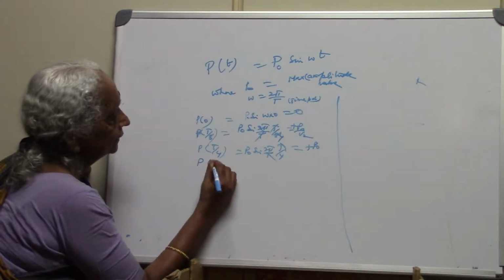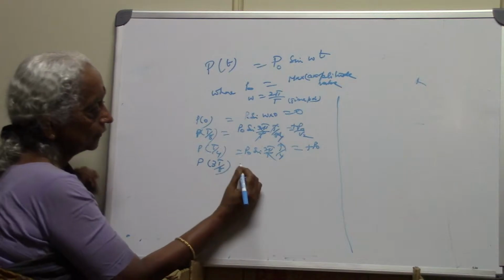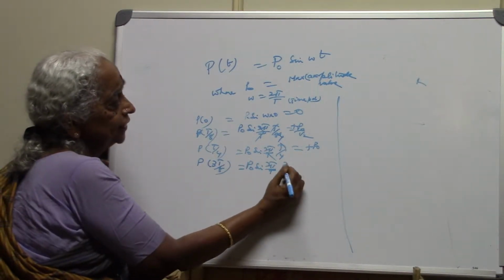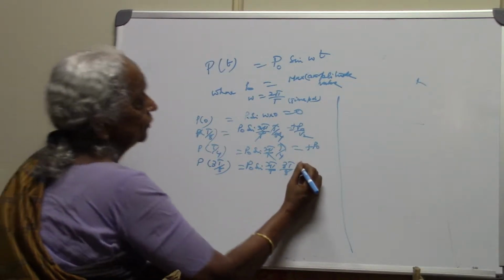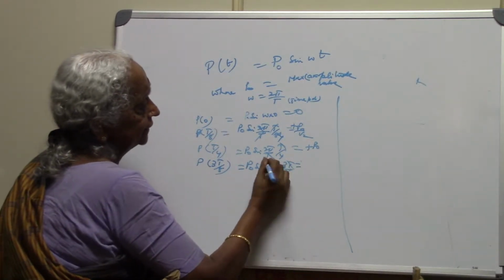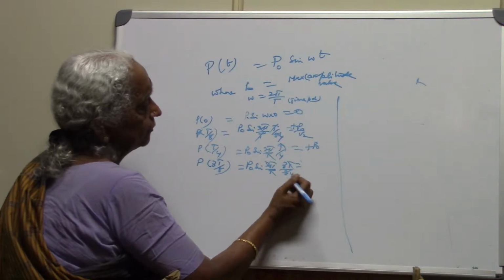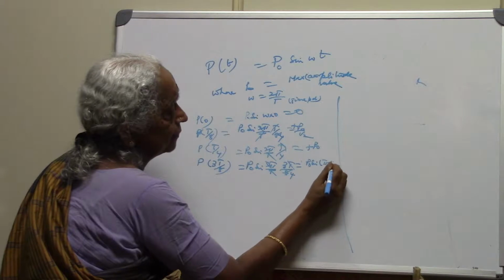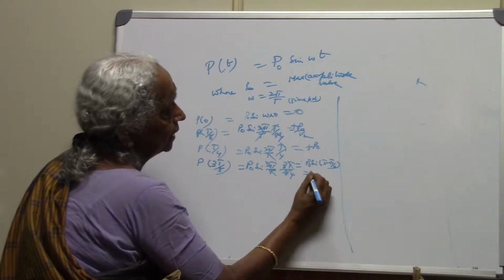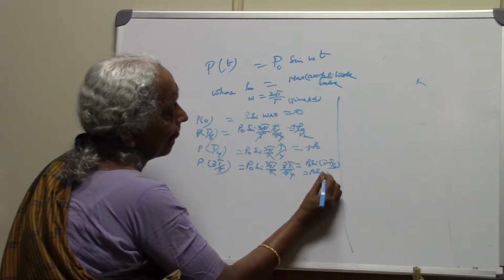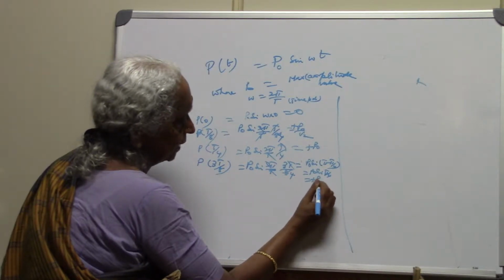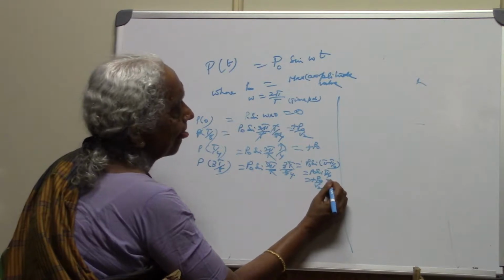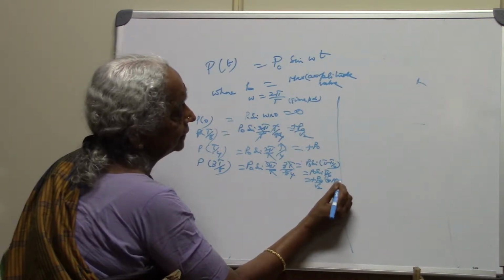So P at 3T by 8 will be equal to P naught sine of 2 pi by capital T into 3T by 8, where T and T get cancelled. So it will be 3 pi by 4, which is P naught sine of pi minus pi by 4, which is P naught sine pi by 4, once again plus P naught by root 2, same as P at T by 8.